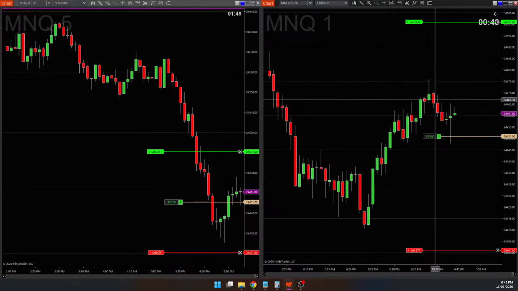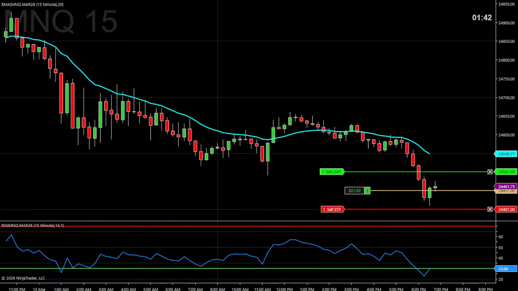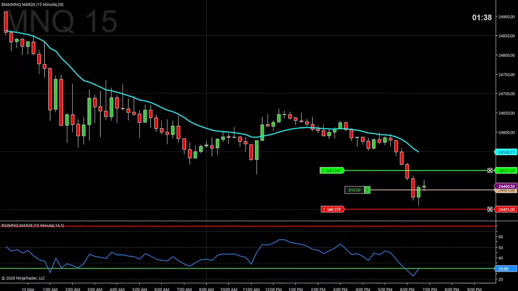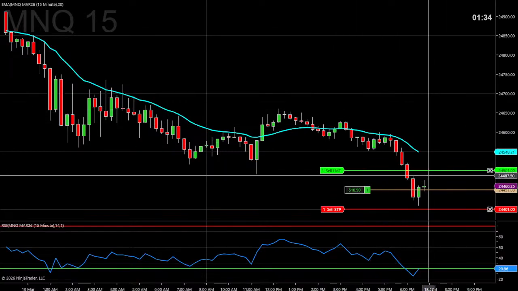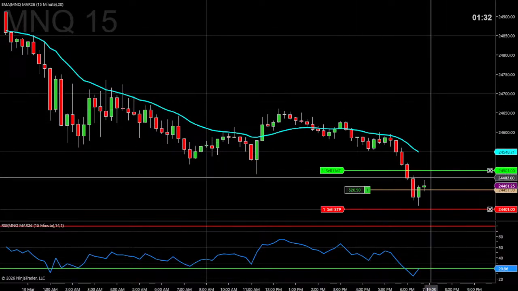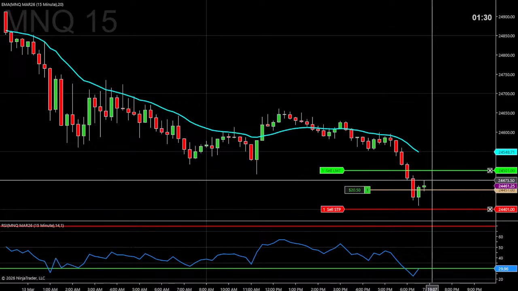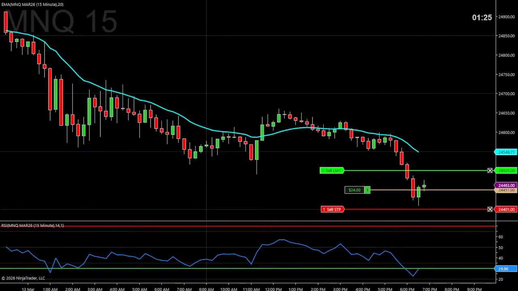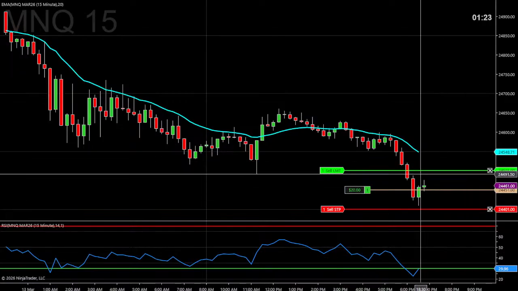Now we're going to have to break a high. 5 minute looks like here on the 15. What's that? That's 24476 on the 15. Oh, it's actually that candle. So we actually, yeah, prefer to see a break above 24489.